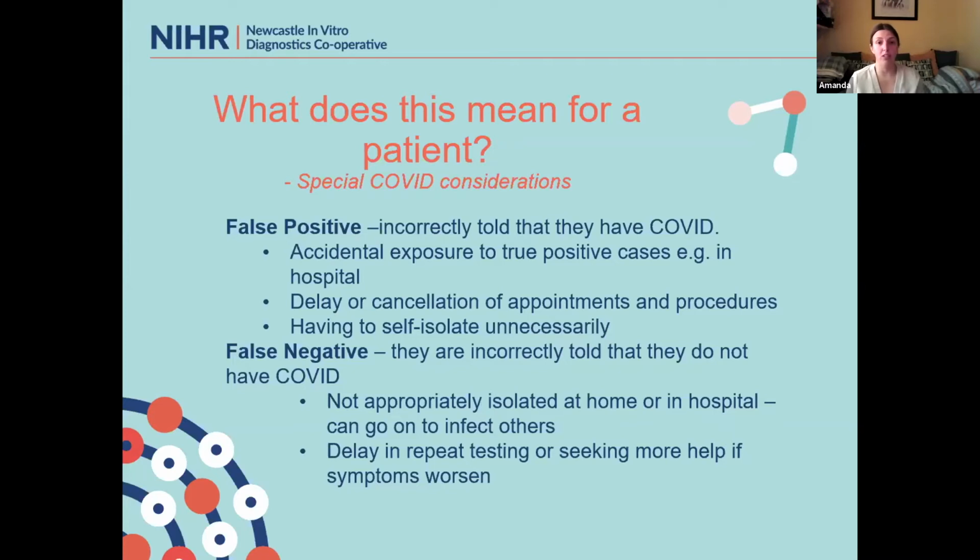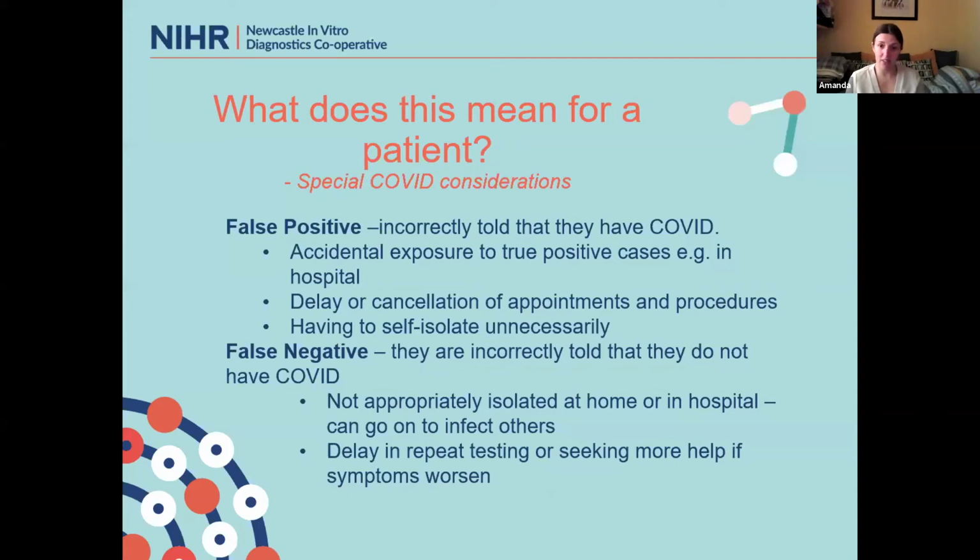And this can result in potential accidental exposure to true positive cases, for example, in hospital through cohorting on wards, and then possible delay or cancellation of appointments and procedures because of that false positive result, and also having to self-isolate unnecessarily on the basis of that result.